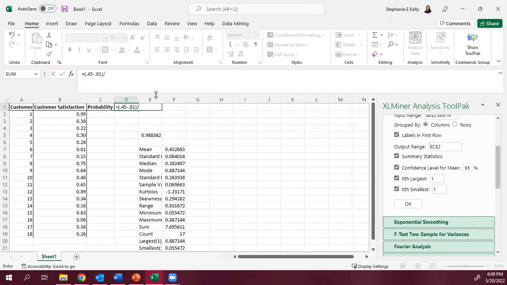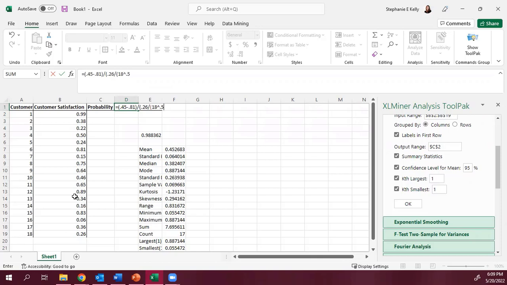divided by the standard error, which is the standard deviation divided by the square root of the size of your sample. Here in Excel, the easiest way to do this is to write your sample size, which is 18, raised to an exponent of 0.5.